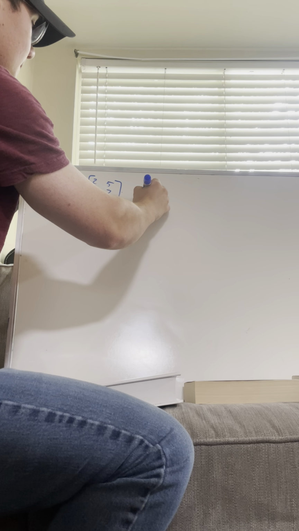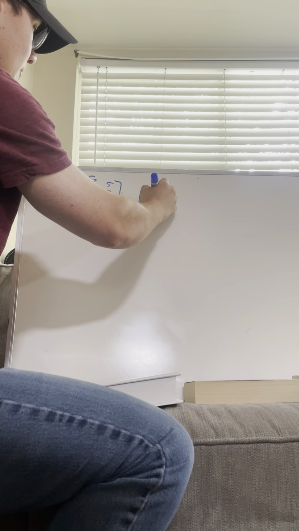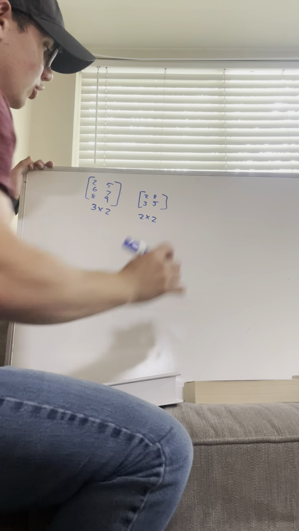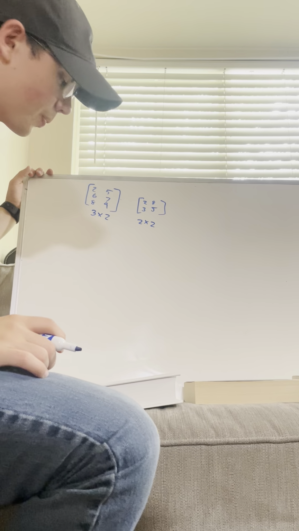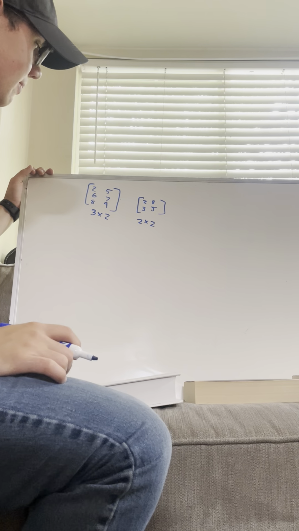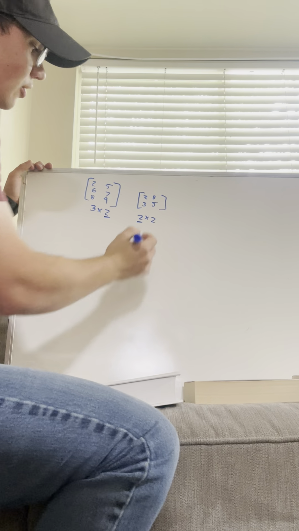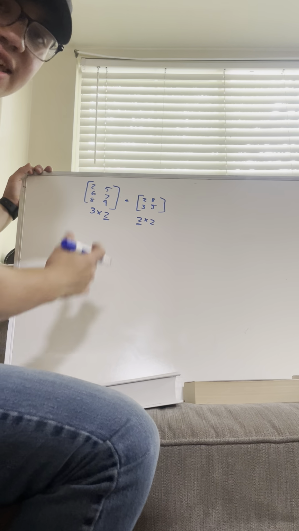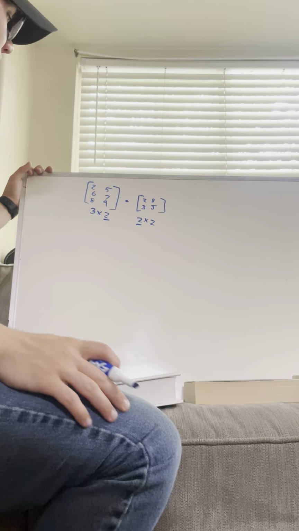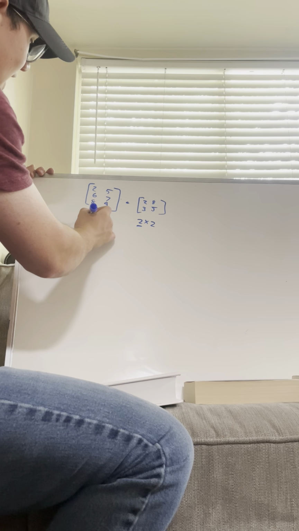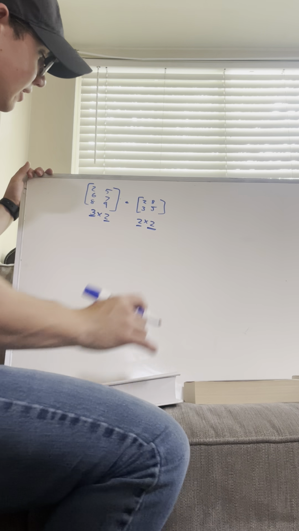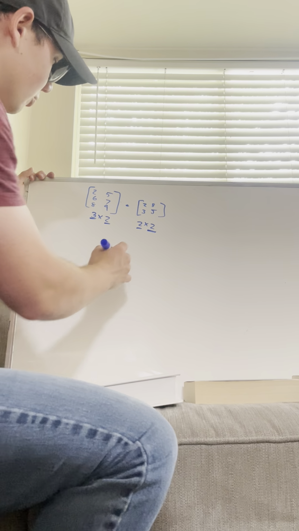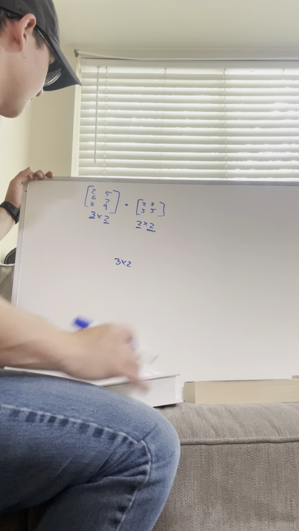Now over here, I've created a 2 by 2 matrix. In order to multiply matrices, these two inner numbers have to be the same. So since they're both 2, I can multiply these matrices. And the resulting matrix will have the dimensions of the outside numbers. So 3 and 2. My resulting matrix will be a 3 by 2 matrix.